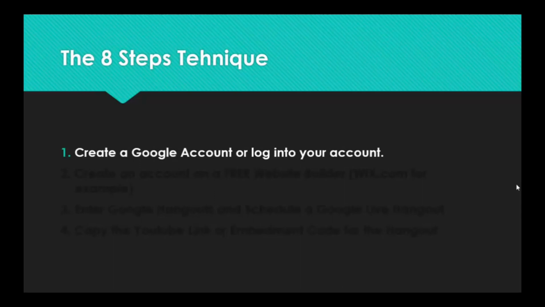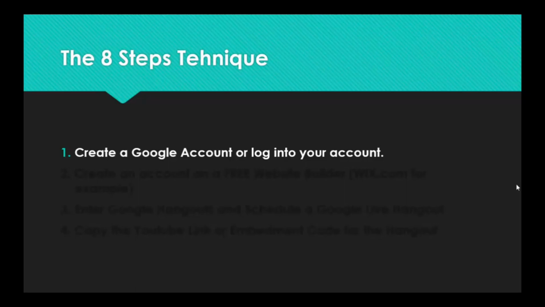The first step is to create a Google account. As you have seen, we are using the Google Hangouts tool to create this free webinar page. So first of all, you need to create a Google account or log into your actual account if you have one. If you already have a Google account, you probably know already that you also have a YouTube account.